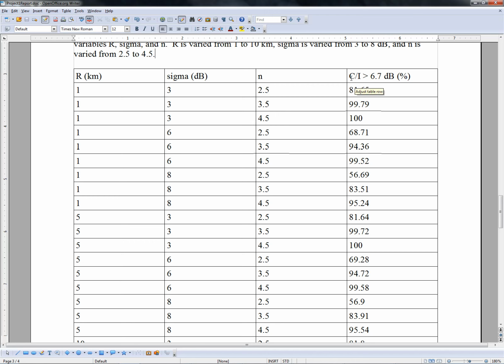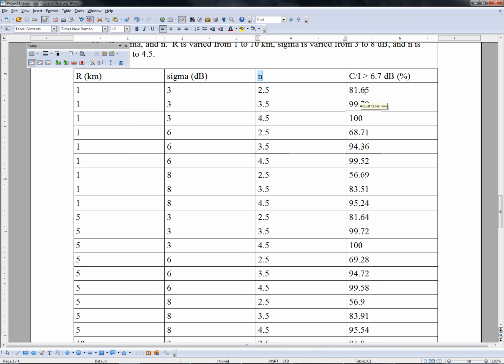You have a greater chance of a location being dropped below the necessary strength in order to achieve the coverage threshold. So that makes sense.